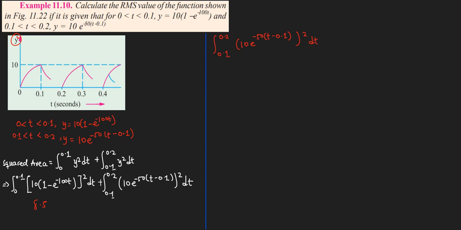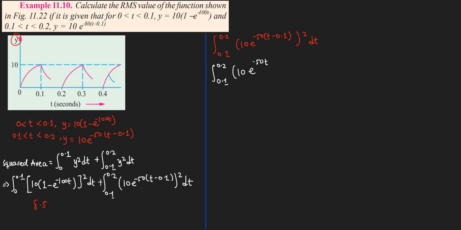So let me deal with the terms in the bracket here. First, we are going to have the integral from 0.1 to 0.2 multiplying 10 e to the power minus 50t, right?